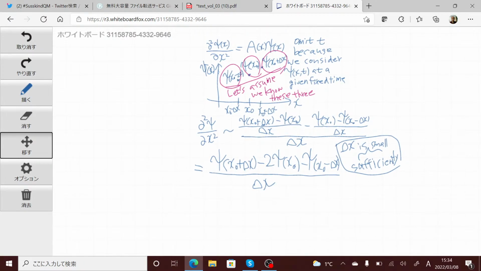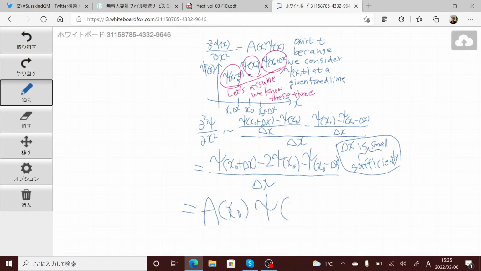This is a x psi of x, which is more like a x0 psi of x0.